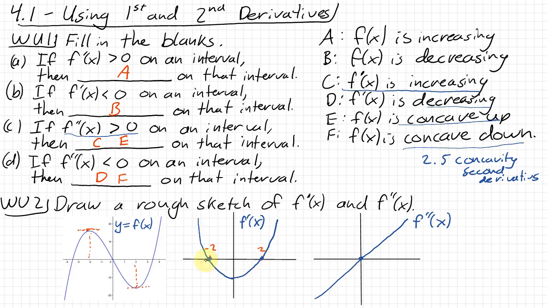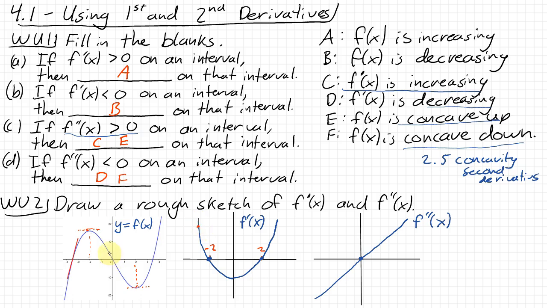So that's where f prime of x is 0, because the slope of the original function is 0 at those points. And when x is less than -2, like over here on the left, you've got positive rates of change, so the derivative should be positive out here.